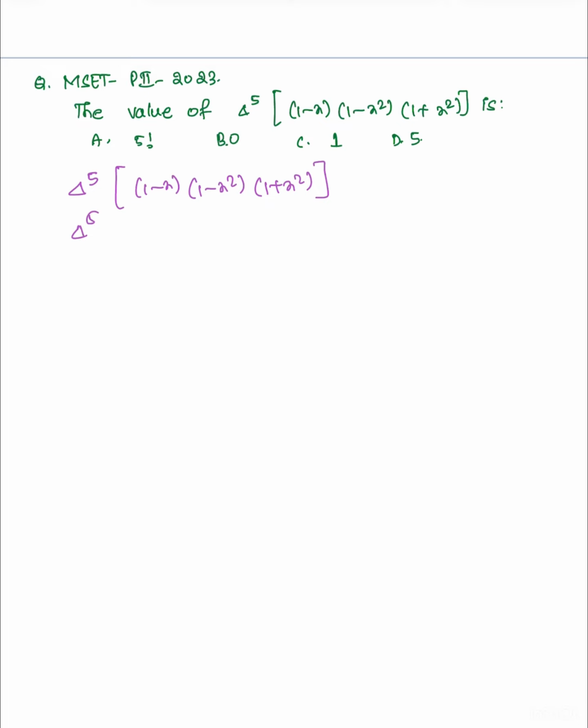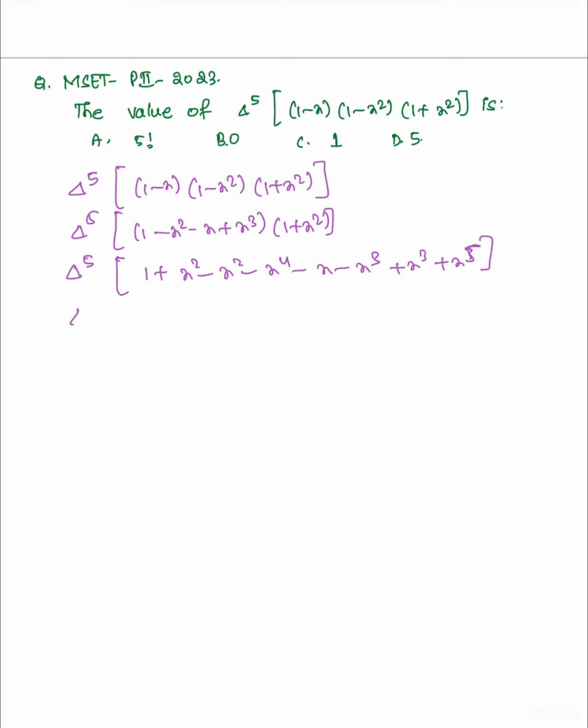We can simplify it as (1 minus x square minus x plus x cube)(1 plus x square), which gives delta power 5 of (1 plus x square minus x square minus x power 4 minus x plus x cube... plus x power 5), and after cancellation, delta power 5 of (x power 5 minus x power 4 minus x plus 1). So this is a polynomial of degree 5.